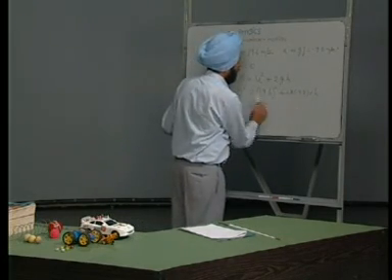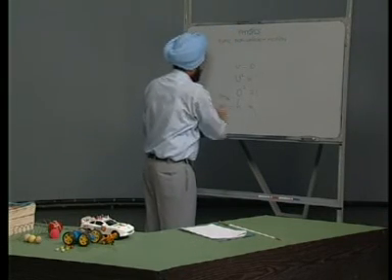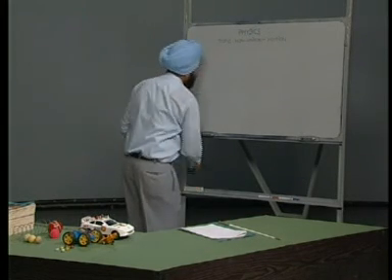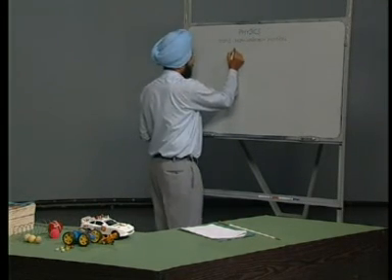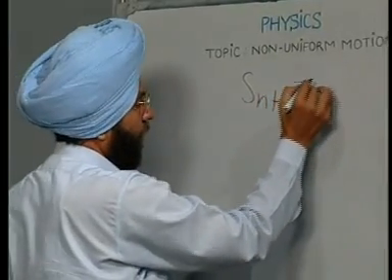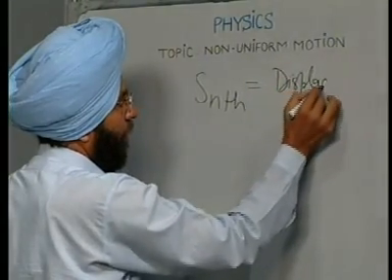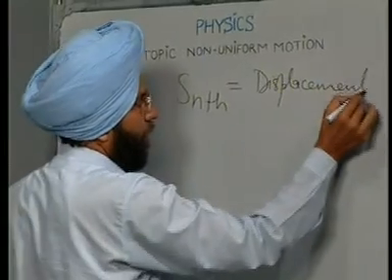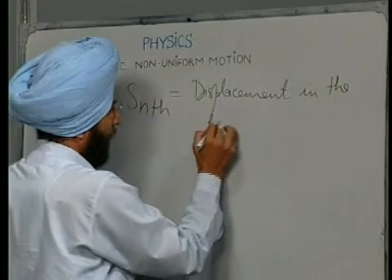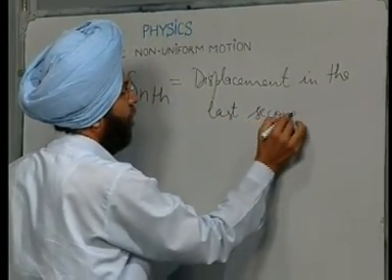Now, we take the fourth equation. The fourth equation is S nth, which is the displacement in the last second of the journey.